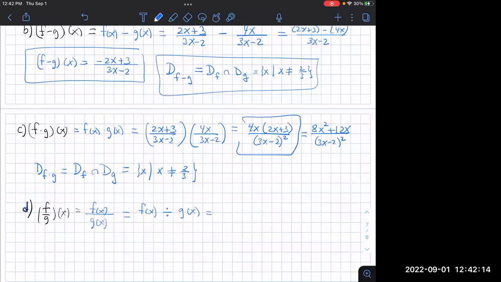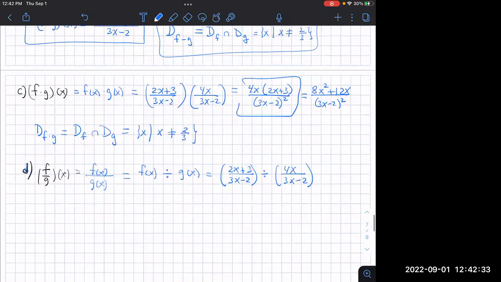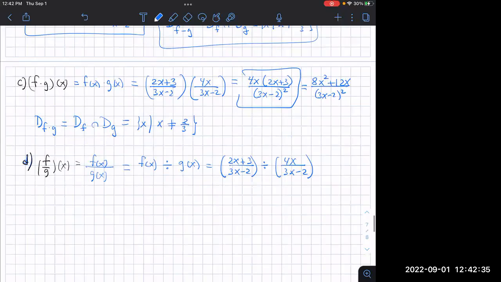So then you get (2x plus 3) over (3x minus 2) divided by 4x over (3x minus 2). You can do it as a fraction also, but you get a complex fraction, and you might like this one better. Now, how do we divide fractions?